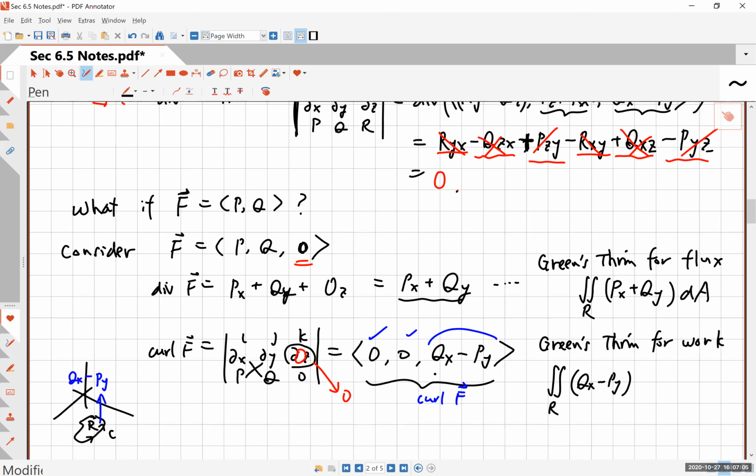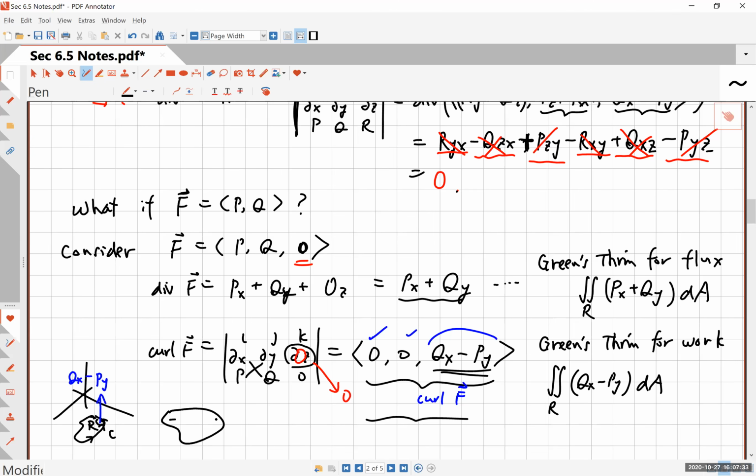So this was the real-valued function, which happens to be the third component, the only non-trivial component, the one that goes up in the vertical direction of the curl of F. So you are basically integrating the curl of F, where F was two-dimensional. The magnitude of this thing is Qx minus Py, and that was how much it's turning around.